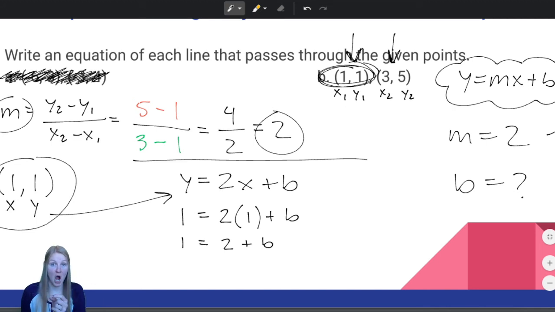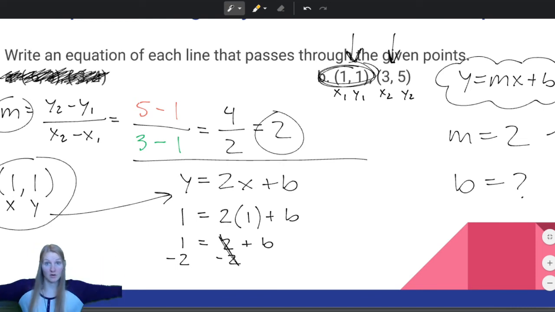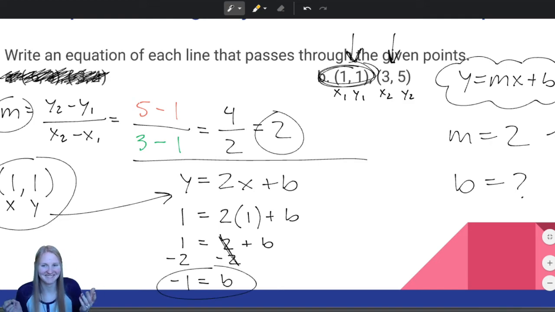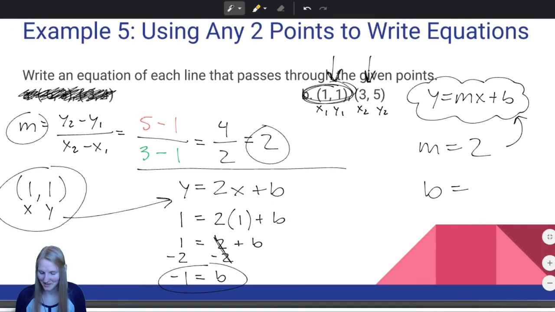Well, we're going to do the opposite of adding 2, which is subtracting 2 from both sides to keep that teeter-totter balanced, the one we talked about in chapter 1. Okay, and 1 minus 2 is -1 equals b. Hey, there you go. b is equal to -1.